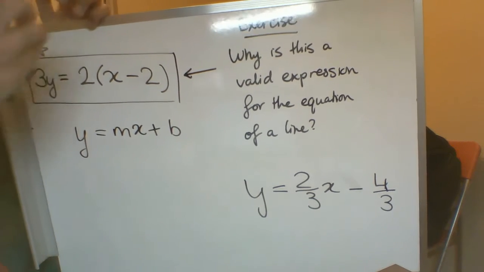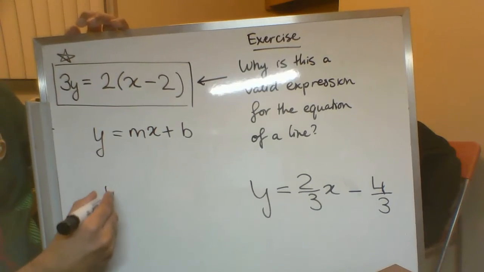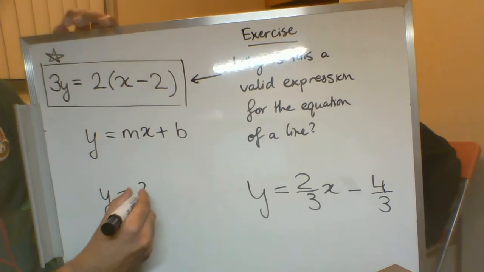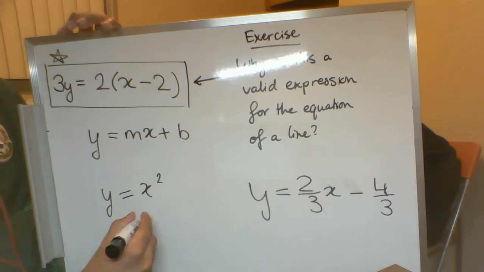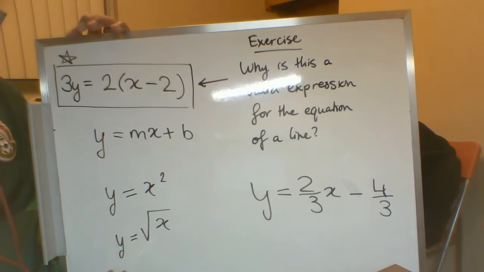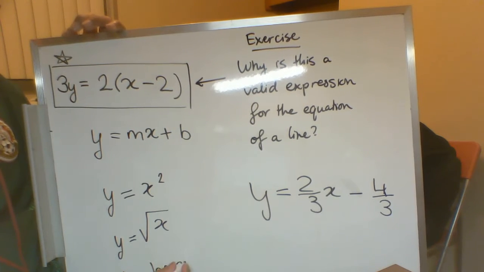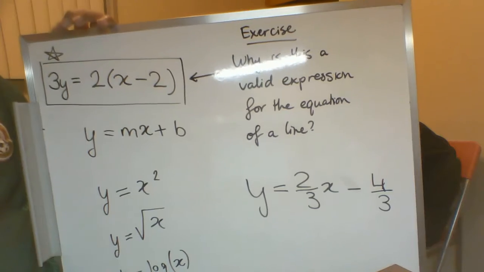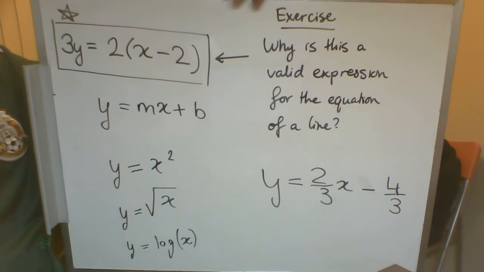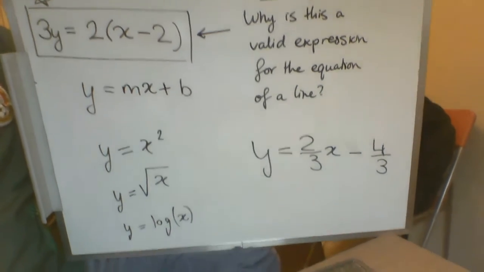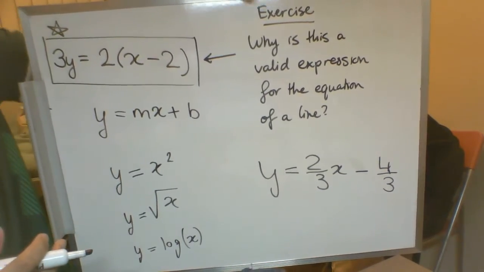If we were trying to graph something like y is equal to x squared, or y is equal to the square root of x, or y is equal to the logarithm of x, we would get a graph that looks different.